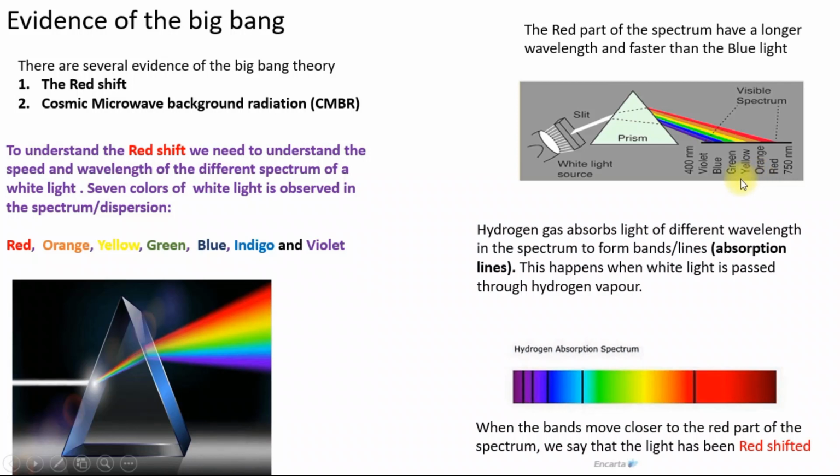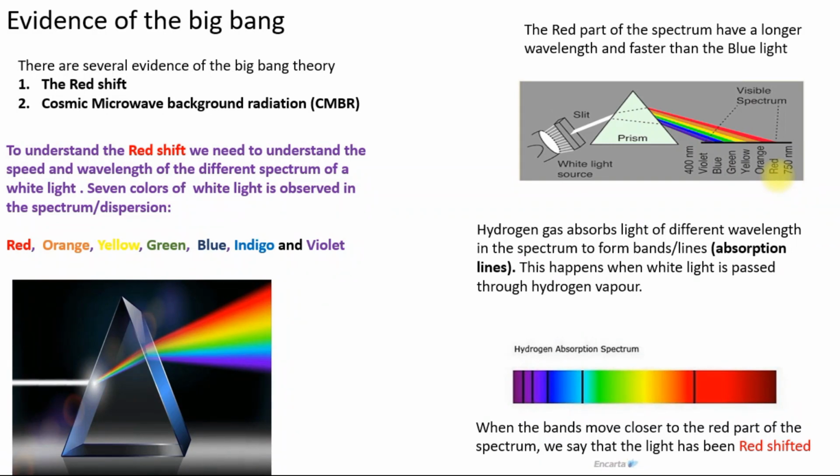It implies that the blue colored light should have a wavelength that is quite smaller than that of the red colored part of the spectrum.